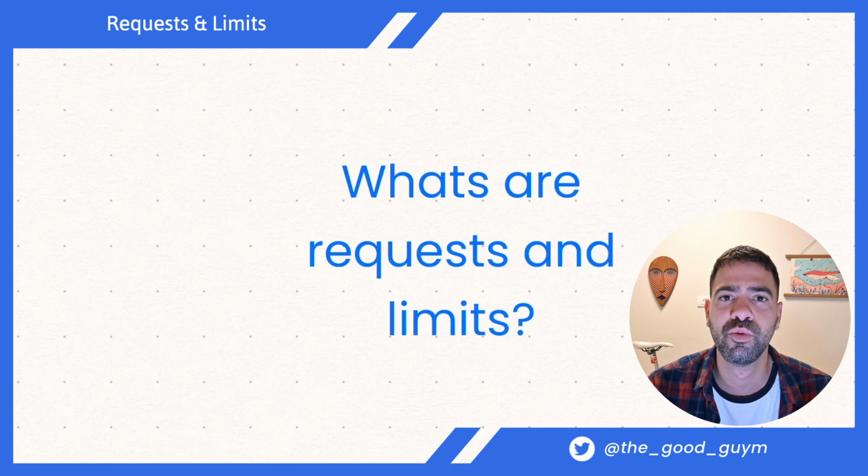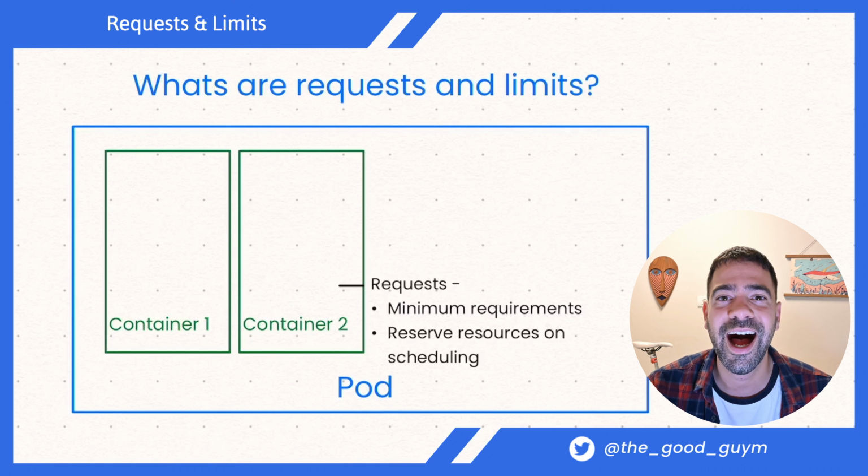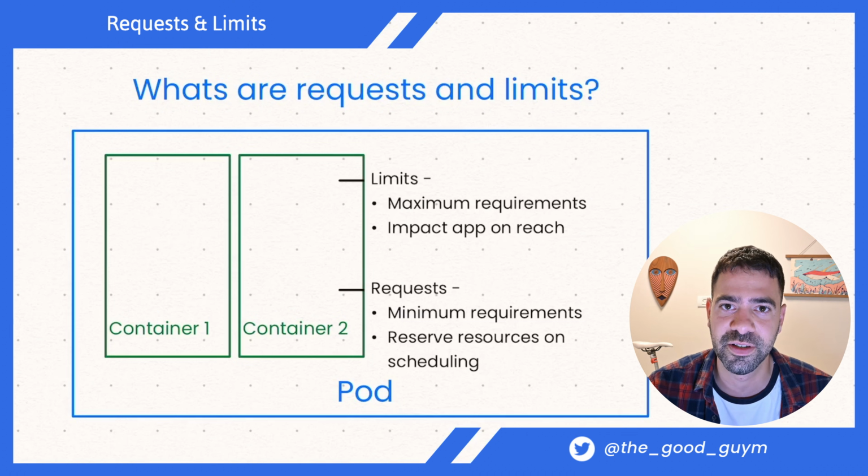Now let's move on to what request and limit are. For each container within our pod, we can configure two things: the request, which is how many resources we want Kubernetes to find and reserve within the node this pod is going to run on, and the limit, which makes sure Kubernetes will act on the application when it consumes more resources than we defined, the maximum requirement for this application.